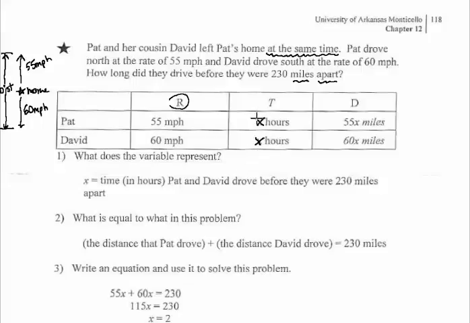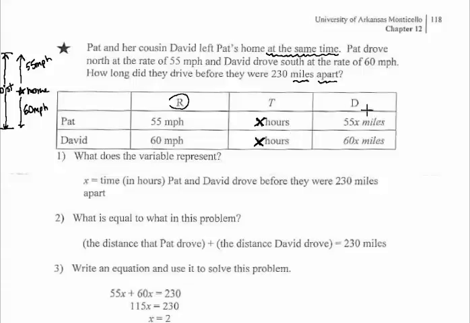So, and we don't know the time. So that's how we use our variable here. They put in the T column X for both Pat and David. They have different speeds, 55, 60, and so the R and the T are the columns that we filled out first.